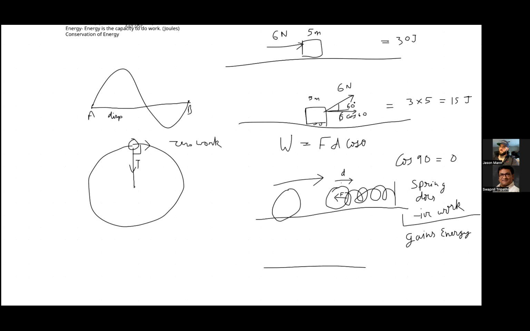Now imagine the same bowling ball. There's some other kind of arrangement going on here. This has a velocity here, and there's some kind of a stretchy string that is attached to this.